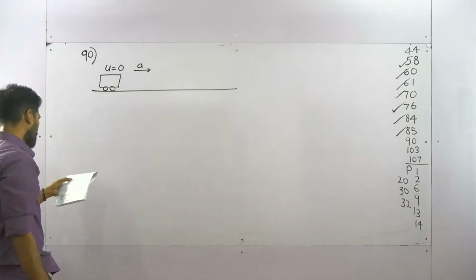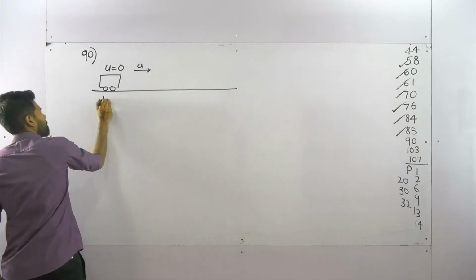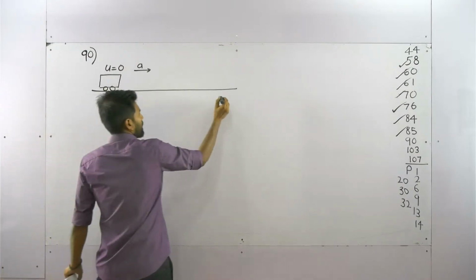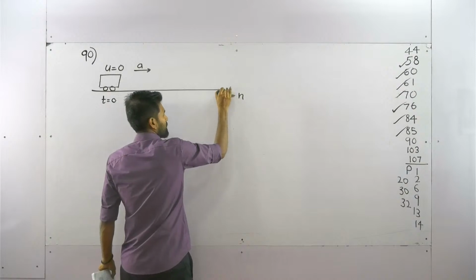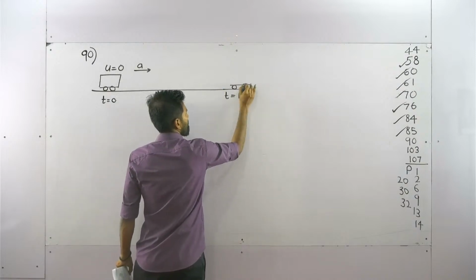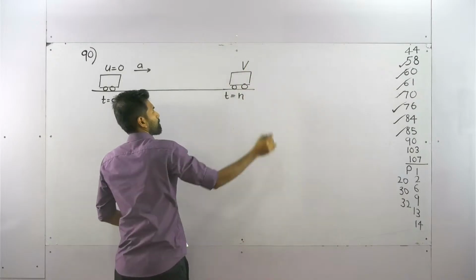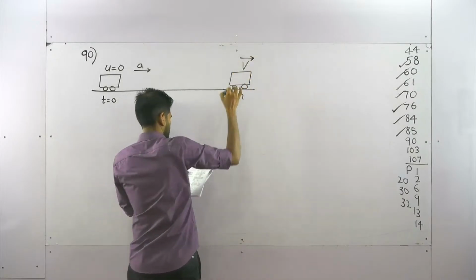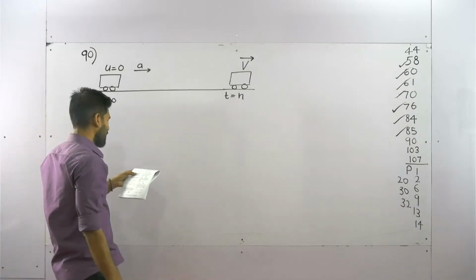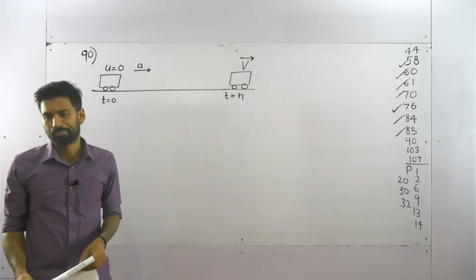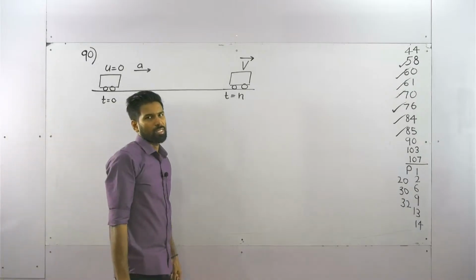If its velocity after n seconds is v: initially time is 0, and when the time is equal to n, its velocity is v. Then its displacement in the last 2 seconds is what we need.